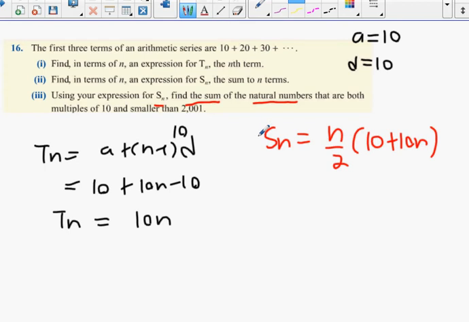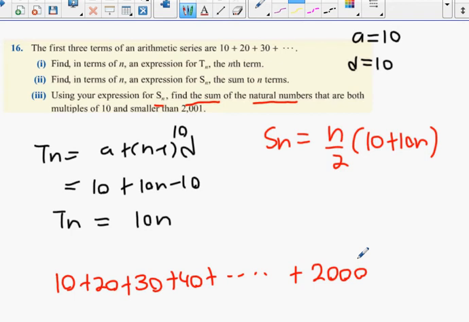Do you understand that? So you have to start off at 10. They want you to find out what 10 plus 20 plus 30 plus 40 plus dot dot dot is. What's the last number that's a multiple of 10 before 2001? You have to find it all the way up to 2000.